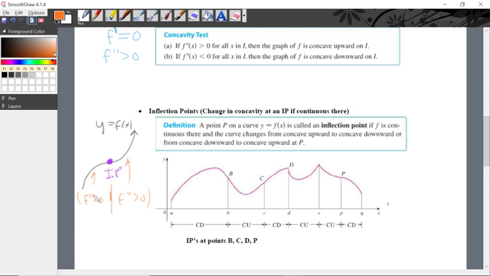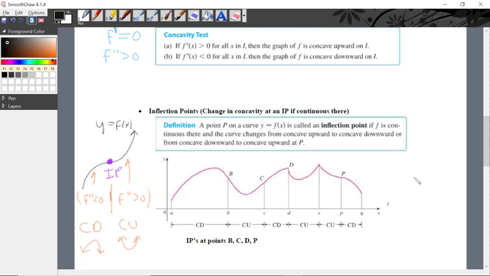So we have a change in concavity, concave down changing to concave up. And that change happens at a point that exists because this function is continuous there, and so we call that point an inflection point.